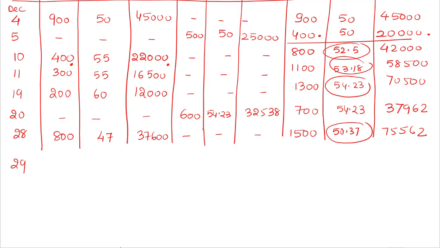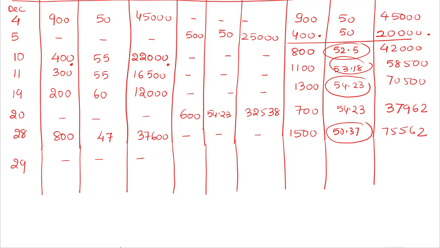On December 29, just stretch it a bit. Stretch the lines. On December 29, 500 units issued. The price is 50.37. 500 multiplied by 50.37 is 25,185. From 1500, 500 is gone.